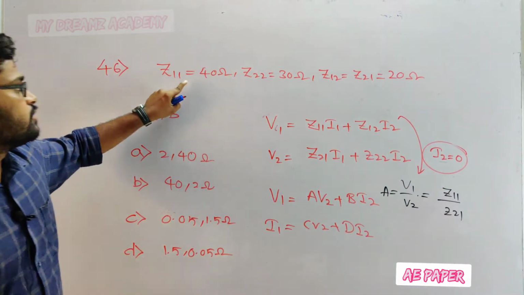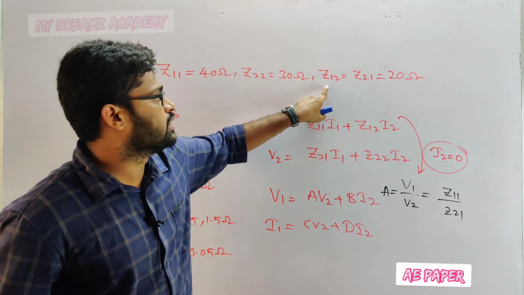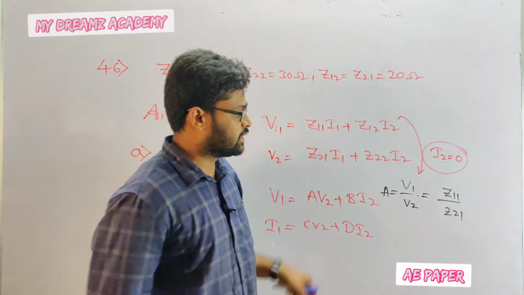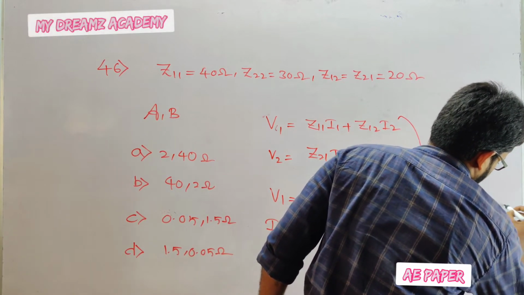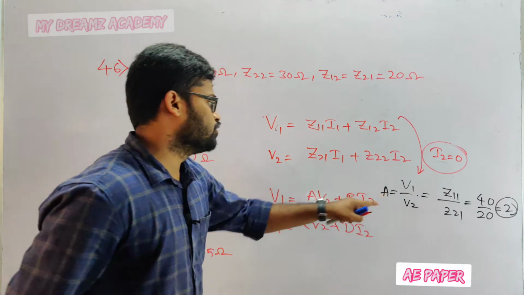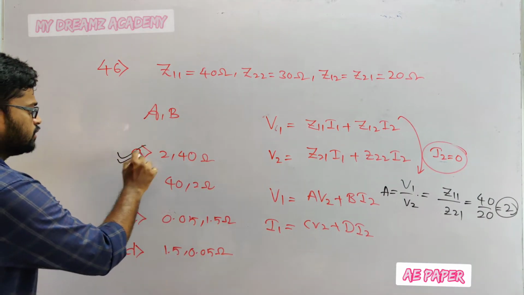What is the value of Z11? That is 40. Z21 equal to Z12 is equal to 20. So 40 by 20, the value is 2. The value of A is 2. Which option is giving 2? Option A is giving 2.